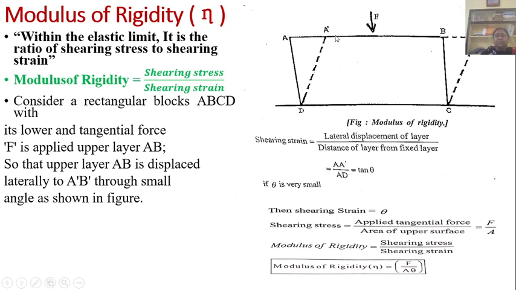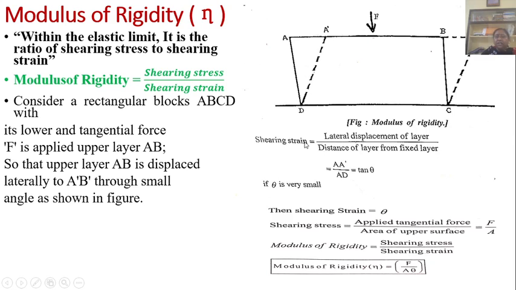So here consider in the figure a rectangular block ABCD, as shown, with its lower face fixed. A tangential force F is applied to the upper layer AB, see in figure, so that the upper layer AB is displaced laterally to A dash B dash, and here having a small angle theta as shown in the figure.